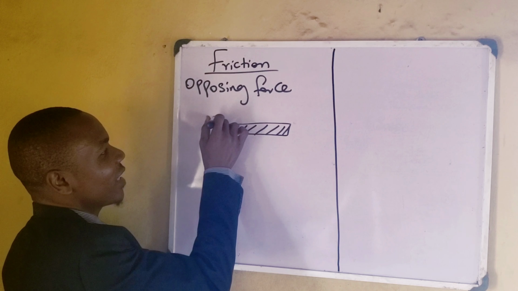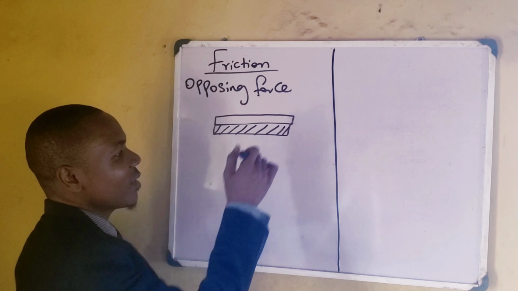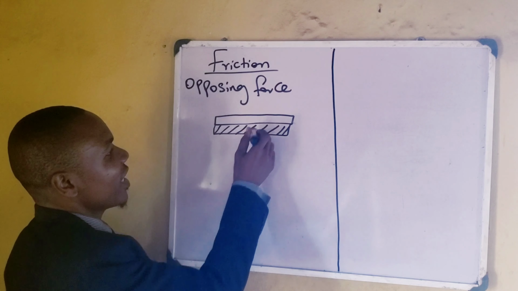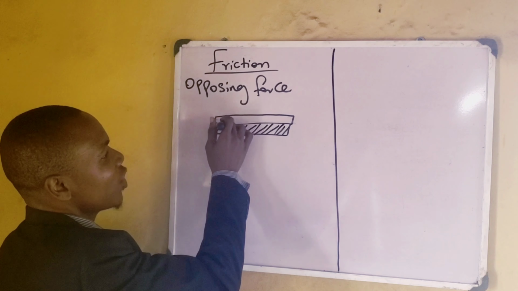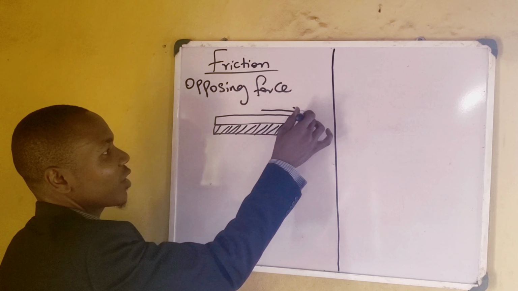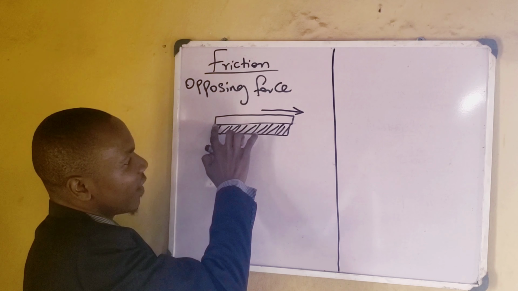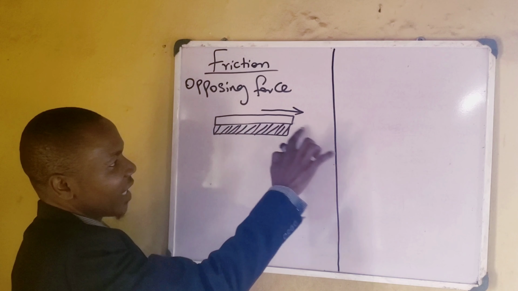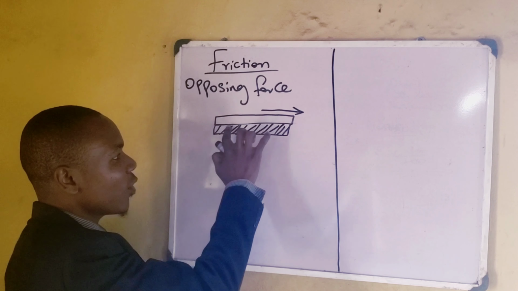For example, you have this body like this, and you have another one like this. Can you see this? This one is shaded to show that it's different from the other one. So assuming that this unshaded one is moving towards this direction. Can you see that? So this one is moving like this and is in contact with this one. So it will be a kind of rolling over this.